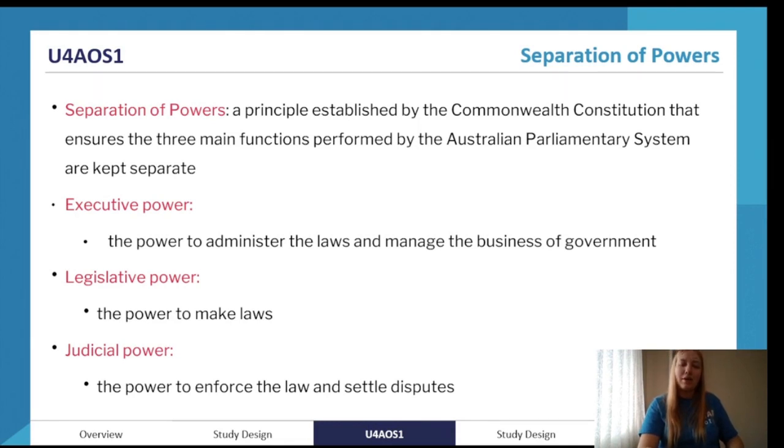So executive power is essentially administration of laws and managing the business of government. So how laws, from when they come into legislation, are actually put into effect. And a lot of the work in relation to this is done by that leading representative government, that majority of seats in the lower house, because they have executive powers.